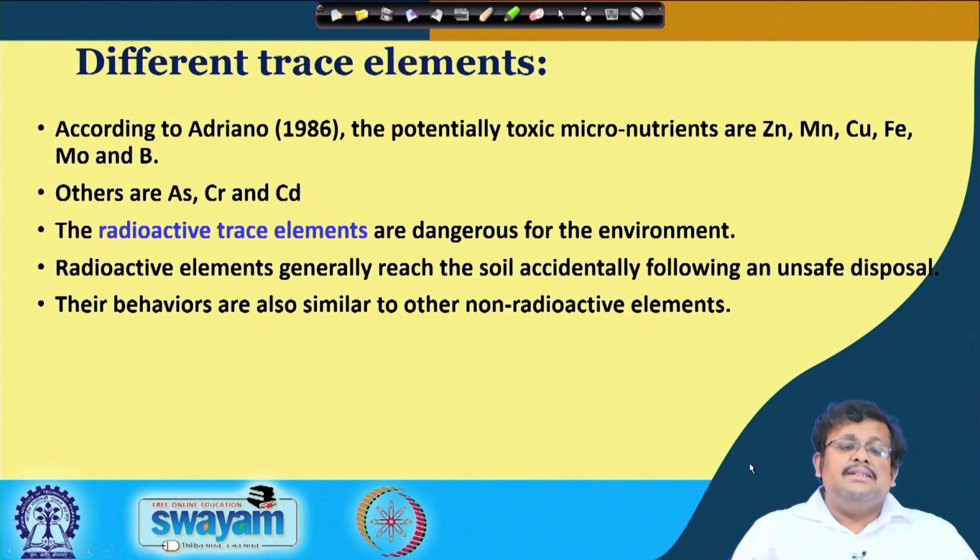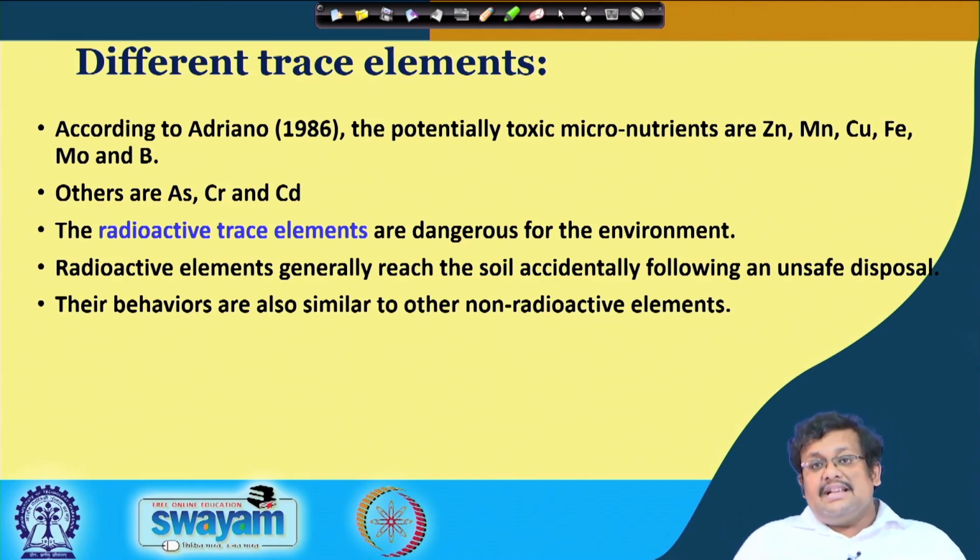Now, according to Adriano in 1986, the potentially toxic plant micronutrients are zinc, manganese, copper, iron, molybdenum and boron, and others are arsenic, chromium and cadmium.